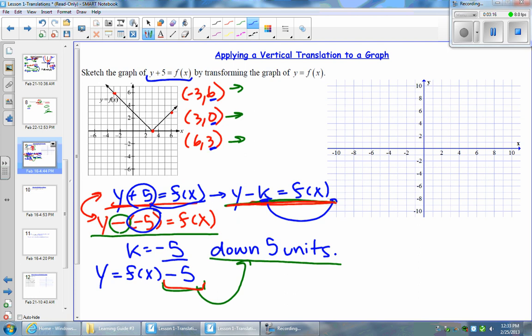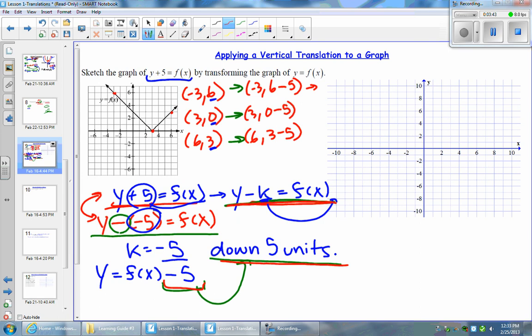So since we're moving down 5 units, what you want to do is subtract 5 from each of your y coordinates. So the new coordinates are as follows: (-3, 6 - 5), (3, 0 - 5), and (6, 3 - 5). You're minusing 5 because you're moving down 5 units.